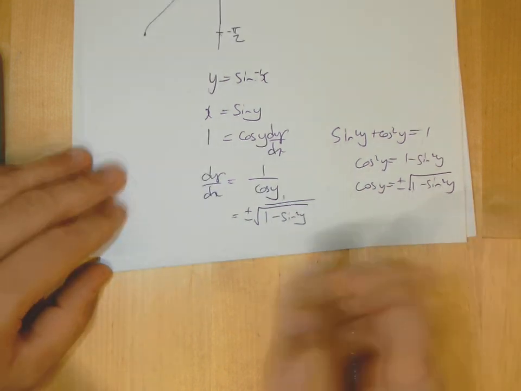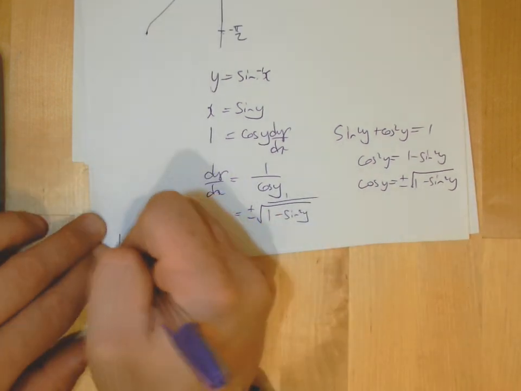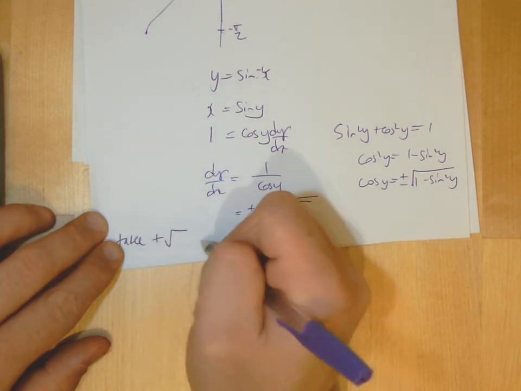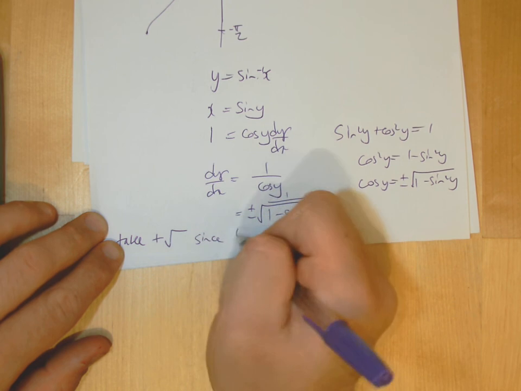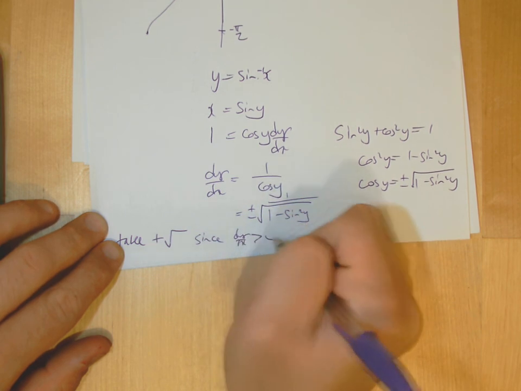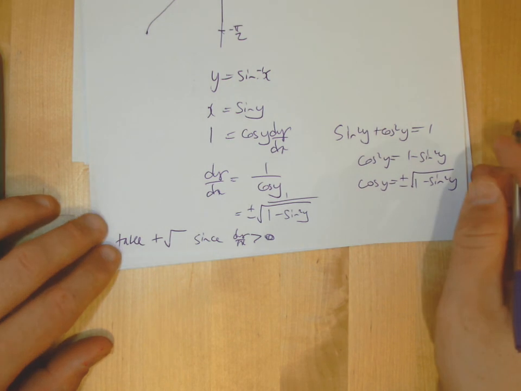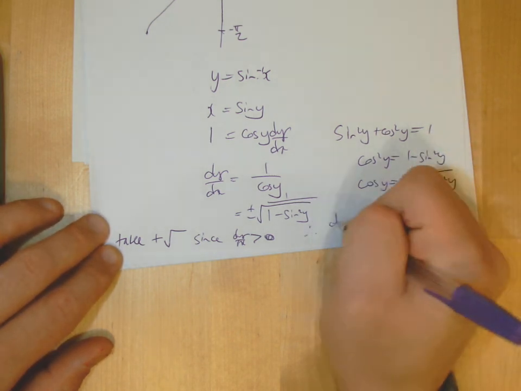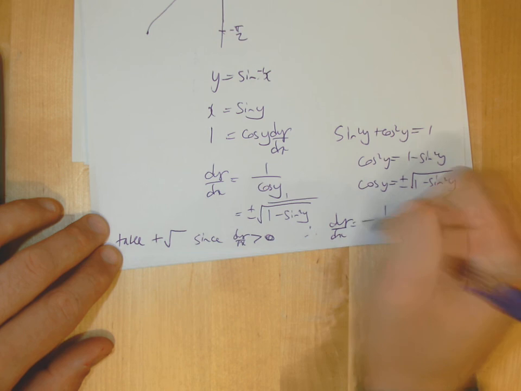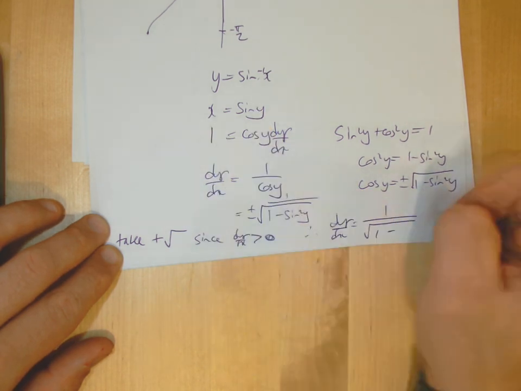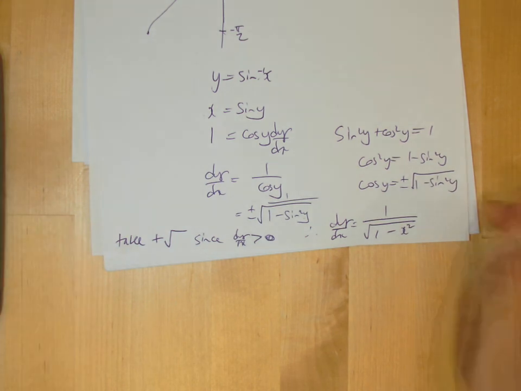Then you need to make a statement. Take the positive root, because dy dx must be greater than 0, as we've just justified with our graph. So therefore dy dx will equal 1 over the positive root of 1 minus sine squared y, and we know sine y is x, so sine squared y will be x squared, and you get the result from the formula booklet.